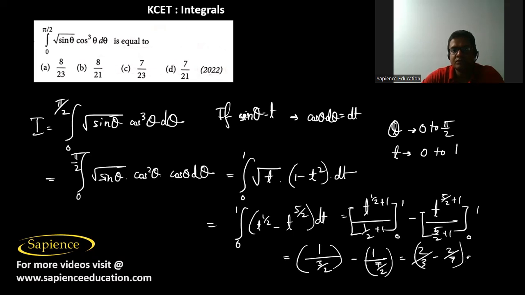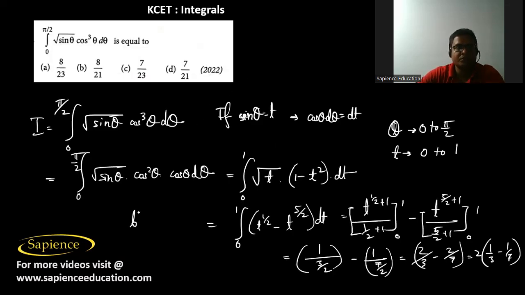So this will be equal to 2 into 1 by 3 minus 1 by 7. So 3 7s are 21, then 7 minus 3, so this will be equal to 2 4s are 8, 8 by 21. So option B is the correct answer.